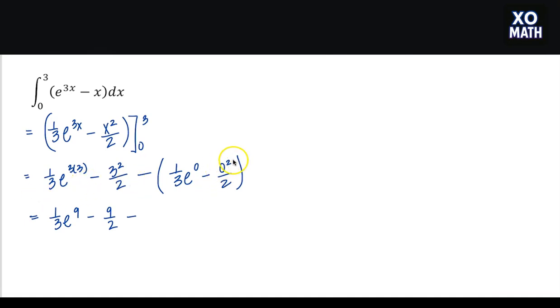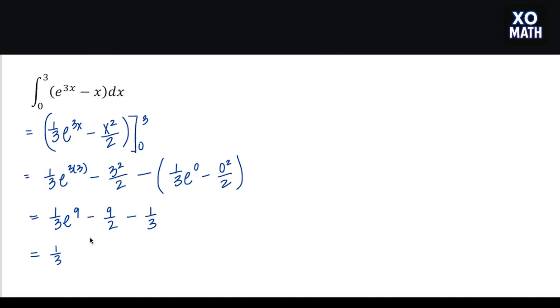Minus over here, 0 squared over 2 is 0, but e to the 0 is 1. So we want to make sure to keep this 1/3 times 1. So it's going to be a minus 1/3 here. And then we can combine these constants if we create common denominators. So we can have a common denominator of 6.